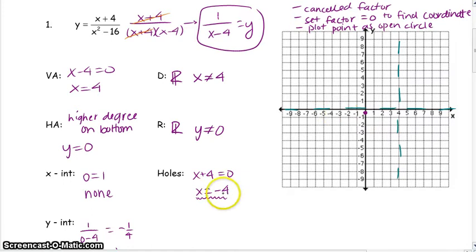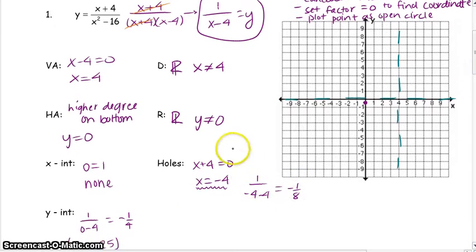Okay, so we have to plug this into our new equation to see, well, this point isn't on our original equation, but it's going to be somewhere on our graph, or where our hole would be. So we plug in our negative 4, so we get 1 over negative 4 minus 4, which gives us negative 1 over 8.